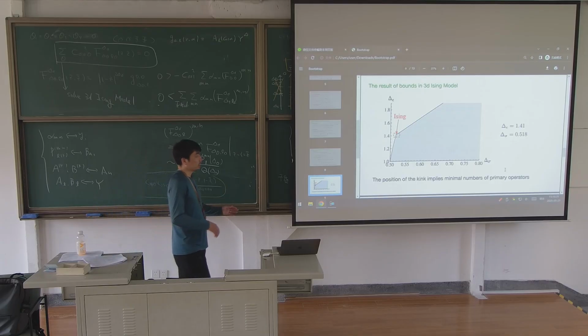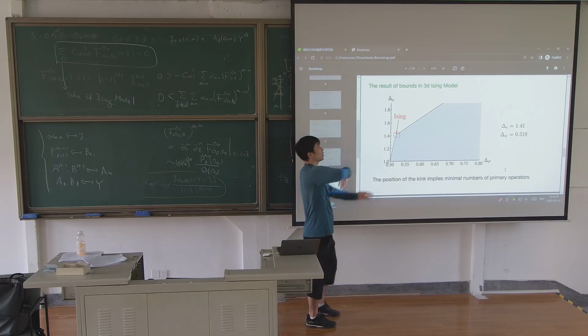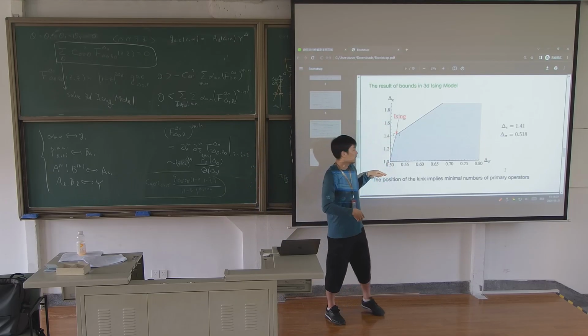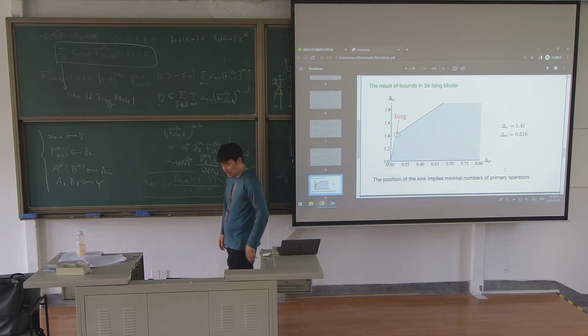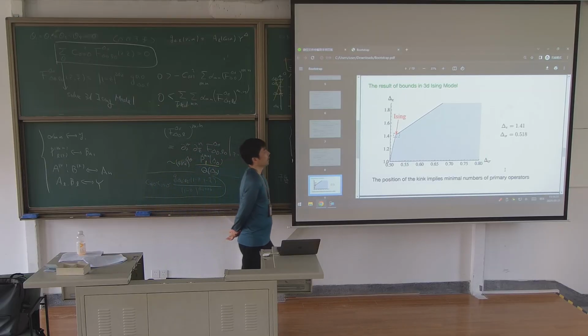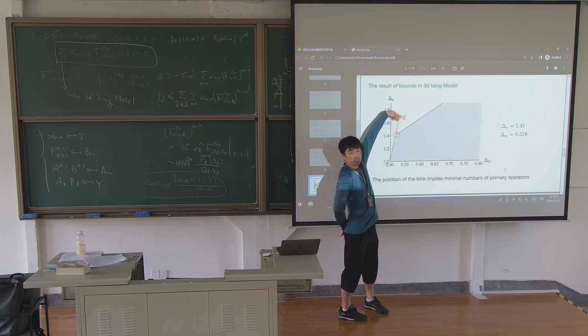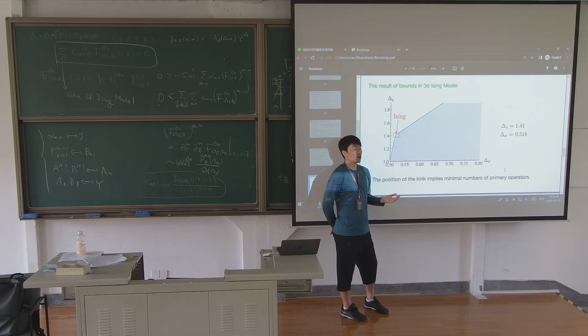Here the vertical axis is the conformal dimension of the energy density operator, and the horizontal axis is the dimension of the spin operator. This white region is excluded by solving the conformal bootstrap equation with this semi-definite program.